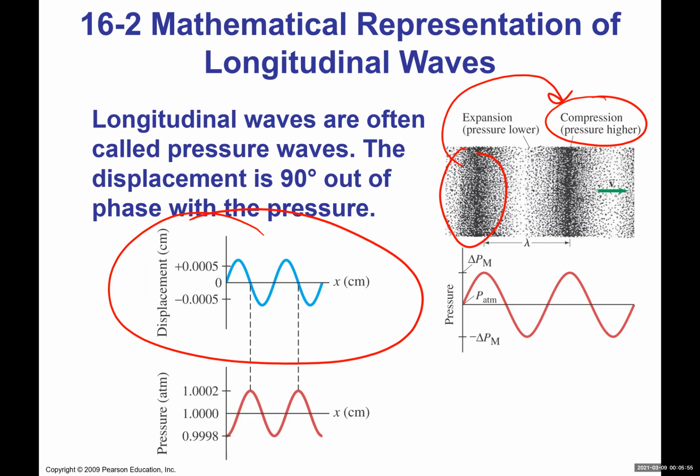And the region where there is a low concentration is known as an expansion. Generally, compression is higher pressure because you have more air molecules, more collisions, more interaction, higher pressure. The lower the concentration, the lower the pressure.